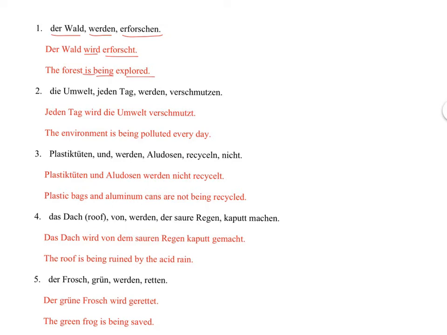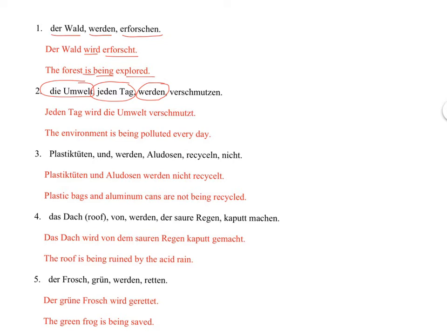German rule is that time should be as soon as possible in a sentence, so jeden Tag is going to come first. The verb should always be second, so the form of werden will come second, and then we can put in the subject, which is die Umwelt. Now, die Umwelt is the environment, so it's singular.